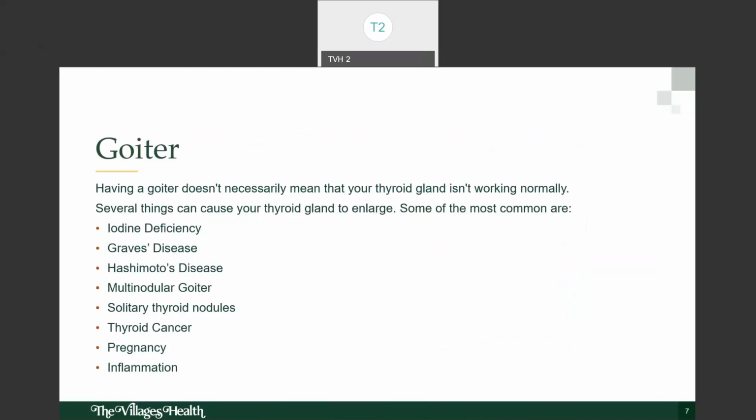Most commonly are the iron or iodine deficiencies that we discussed, Graves' disease, Hashimoto's disease, could be a multinodular goiter, so many different nodules forming to cause it to be enlarged, solitary thyroid nodules, thyroid cancer, pregnancy, or even inflammation in other parts of your body. So some of these things listed are the most common causes for goiter. So it could be many reasons why this is happening.